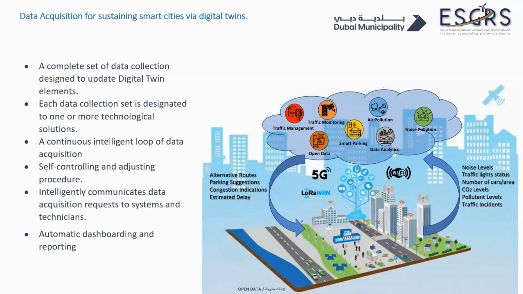Here we can see actually the digital twin, and then traffic management, traffic monitoring, open data, smart parking, etc. All this. How do we connect this with this digital twin? Here we need to think about data acquisition quality. It means a complete set of data collected, designed to update digital twin.